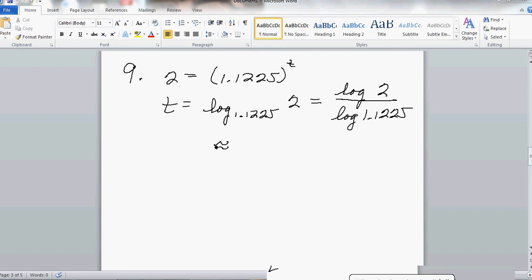So we'll do the logarithm of 2 divided by the logarithm of 1.1225, and that equals 5.998. That is certainly close enough to 6 years. And that is the final answer for this problem.